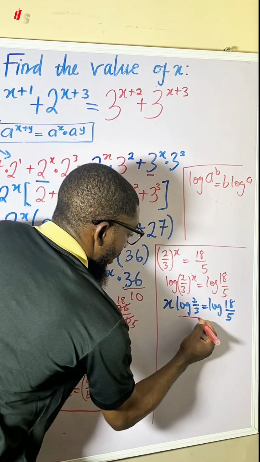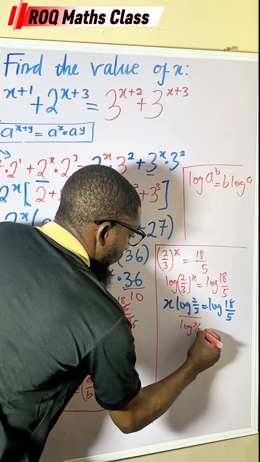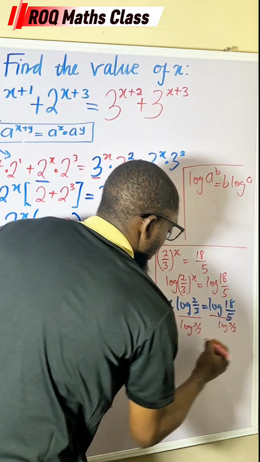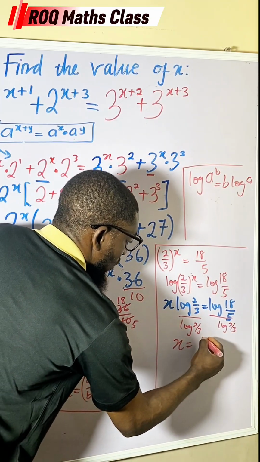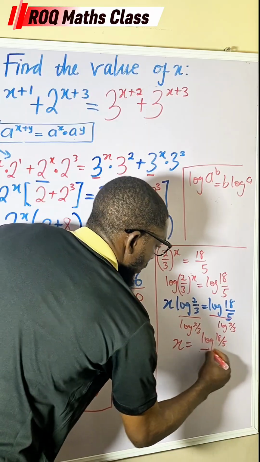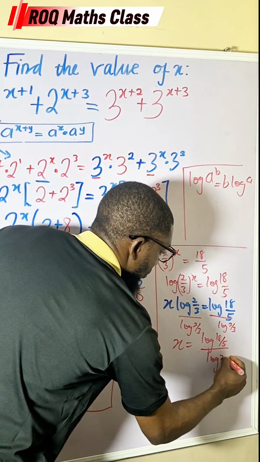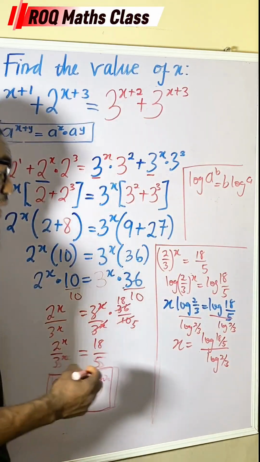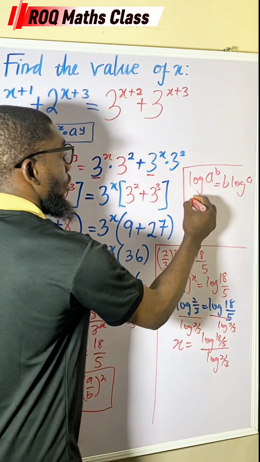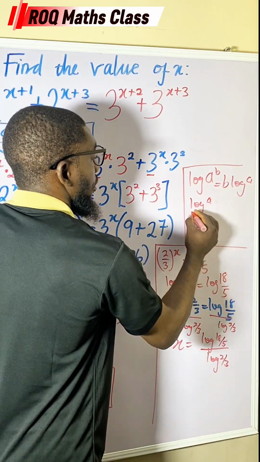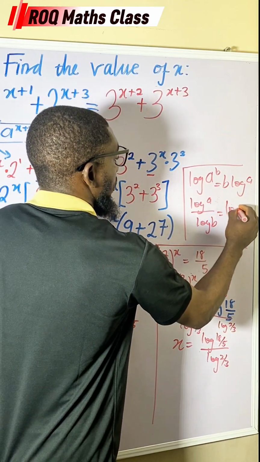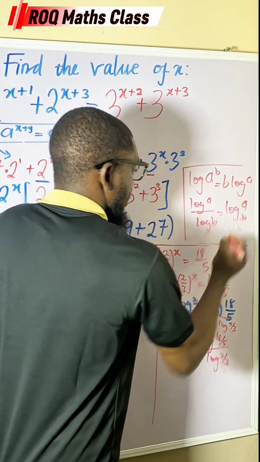So our x is equal to log 18 over 5 divided by log 2 over 3. Again, from the law of logarithm, you should know that log a over log b is log a base b.